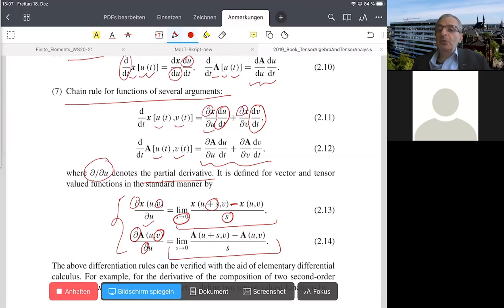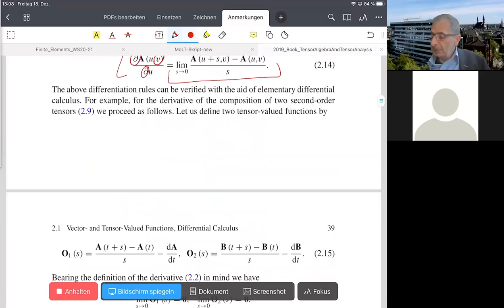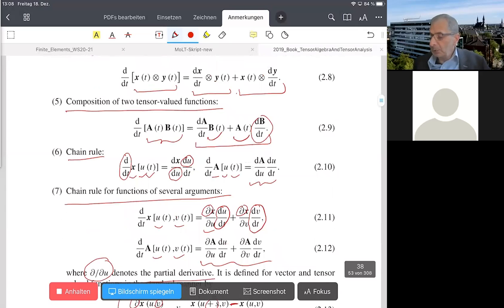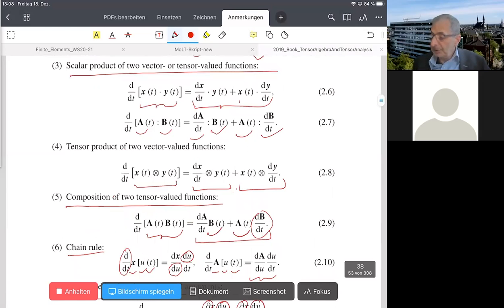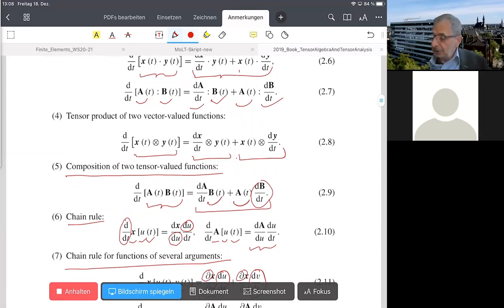Once more, we have many more products: scalar product, mapping, composition, scalar product of tensors, and all these differentiation rules should be generalized to these operations. What I am going to do now is prove this differentiation rule, the composition of two tensor varied functions.